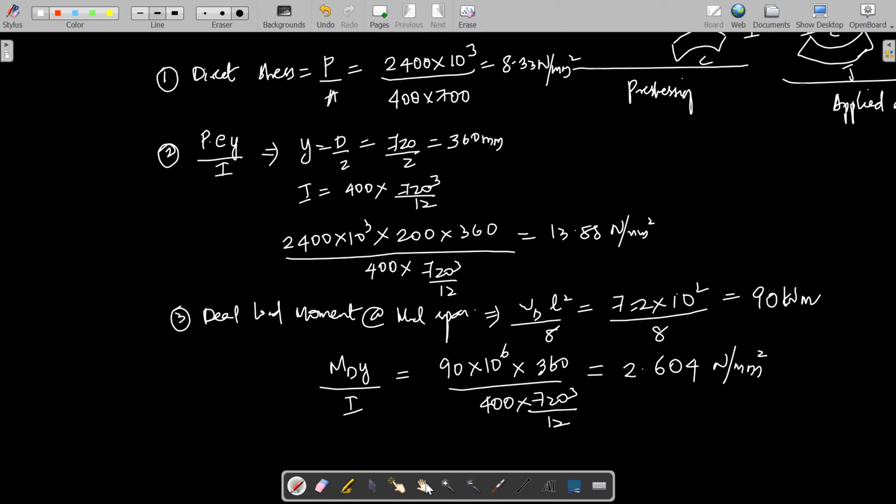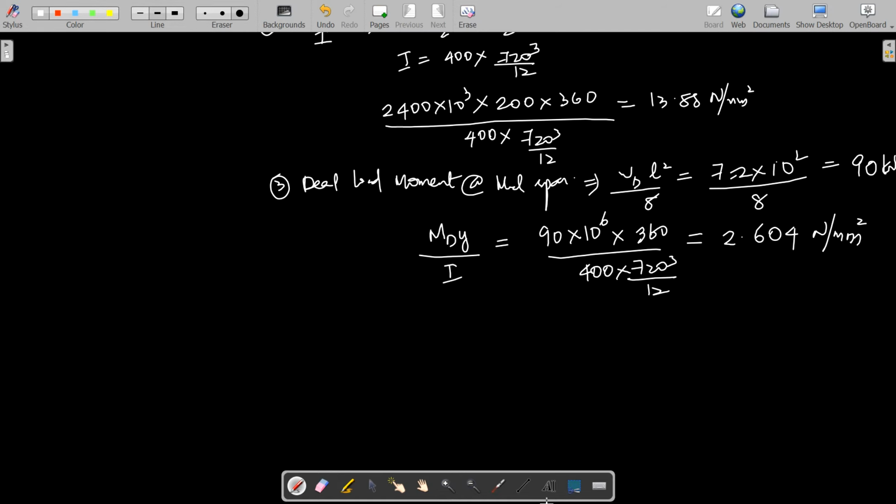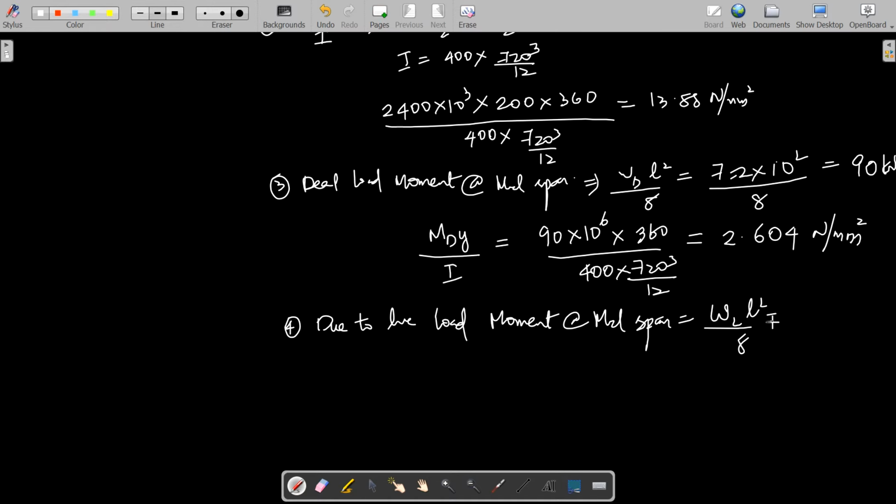Now the next one is the stresses due to your live load at midspan. You can take it as W L into L square divided by 8, that is 40 into 10 square divided by 8.